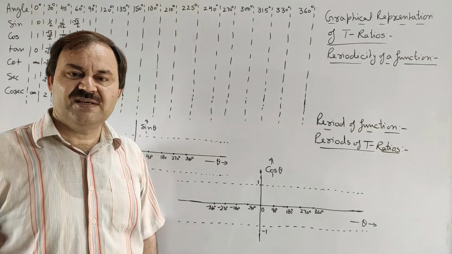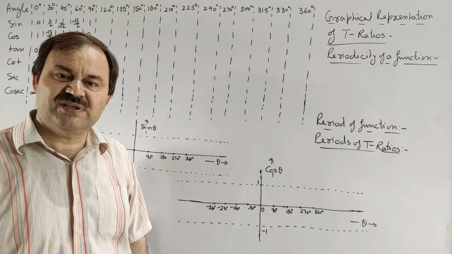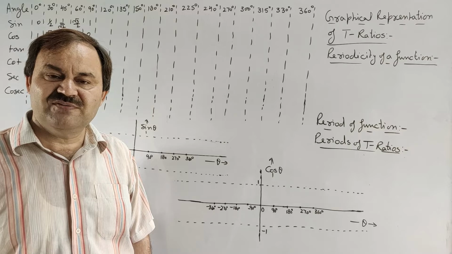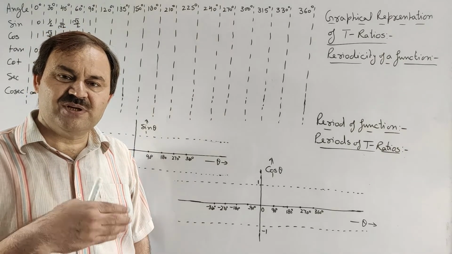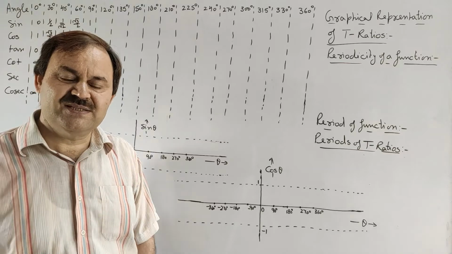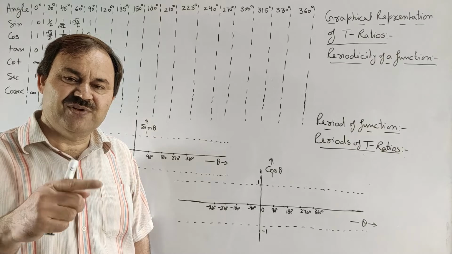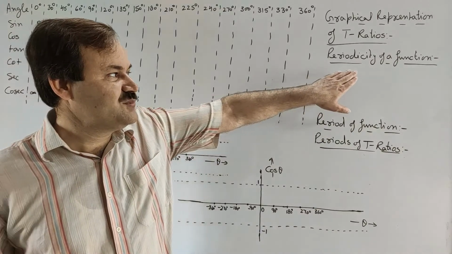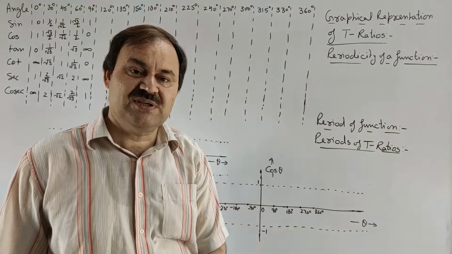Hi friends, in this video lecture related to graphical representation of T ratios, first we will find out the values of T ratios from 0 degree to 2 pi, that is for a complete cycle. Then we will understand the meaning of periodicity of a function, meaning of period of a function.